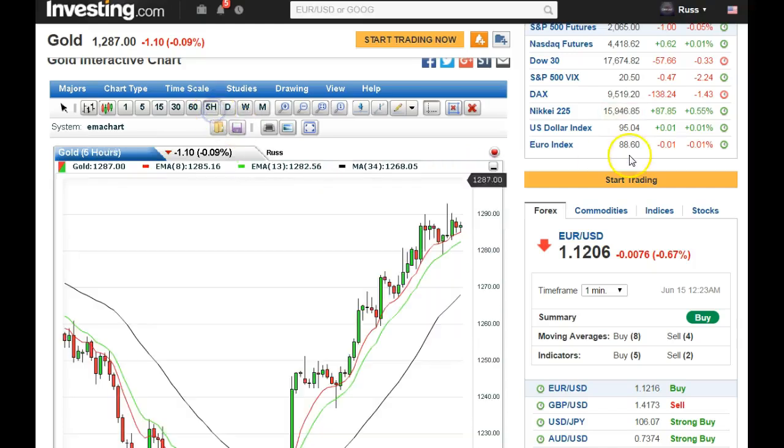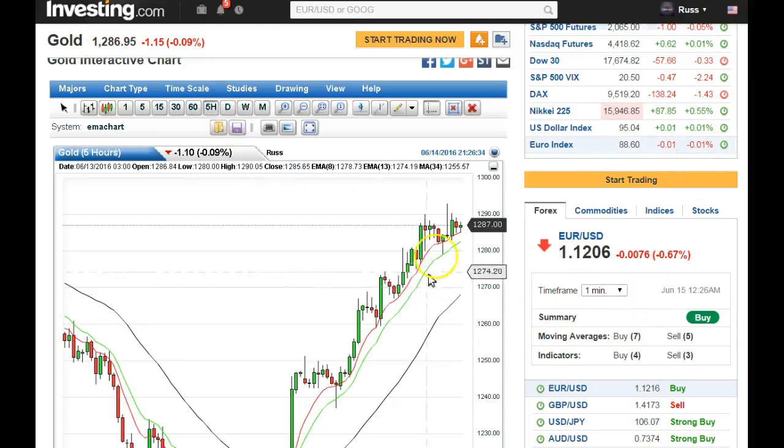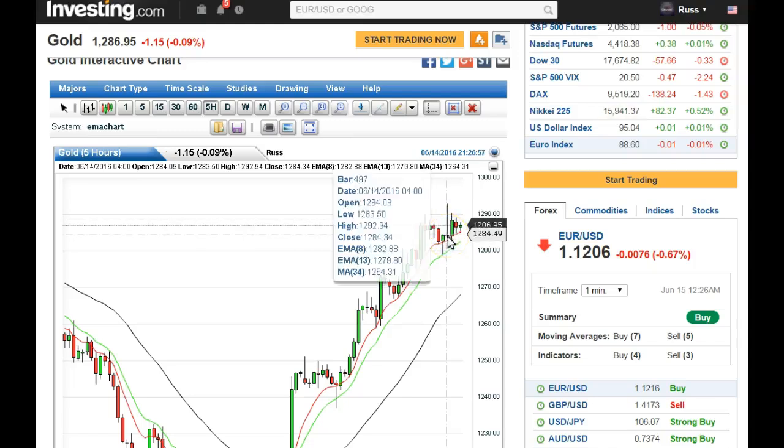But it just looks pretty toppy on that reversal bar there. Look for previous low breaks below that reversal bar here. I think that's the gravestone doji. It's a 5-hour chart.